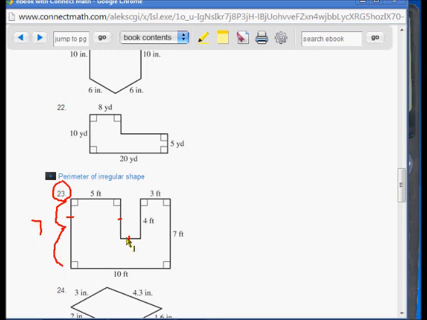This one right here is 10. And we need to subtract, because we need this little spot right here, so we have to subtract 3. And we also have to subtract 5. And we're going to get 2. So this one's 2.